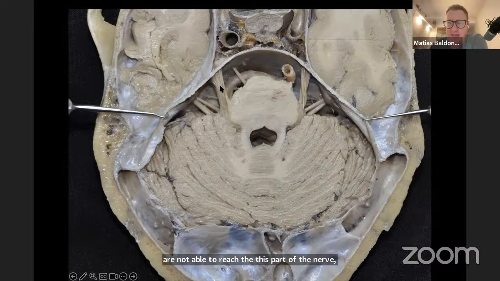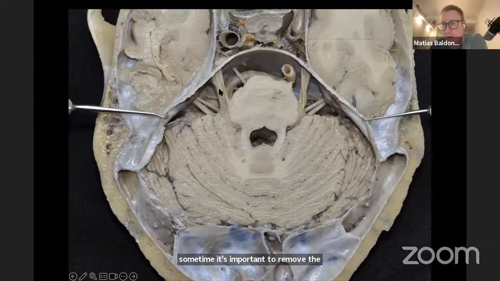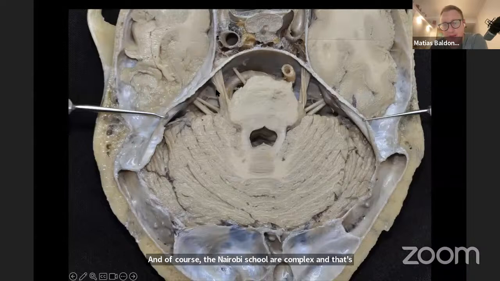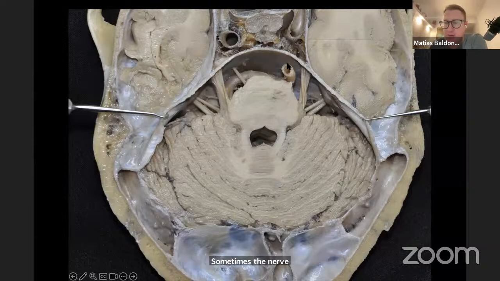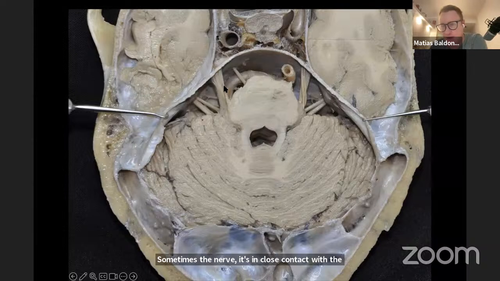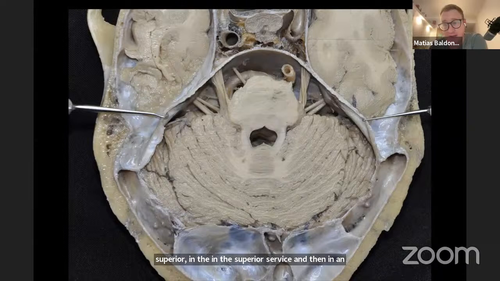And of course, the neurovascular complex that's in close relation with the trigeminal nerve is the superior neurovascular complex. Sometimes the nerve is in close contact with the superior cerebellar artery on the superior surface, and on the inferior surface can be reached by the anterior inferior cerebellar artery, or the AICA.